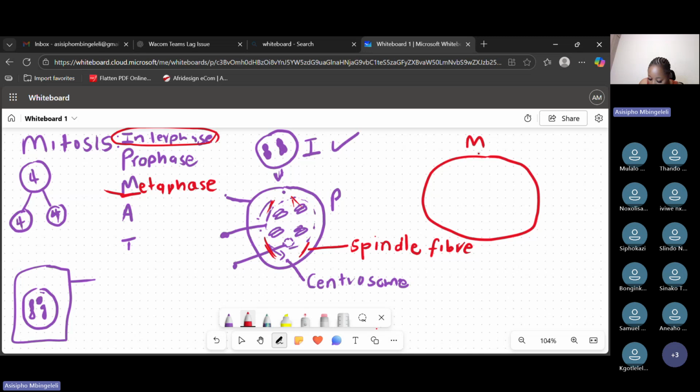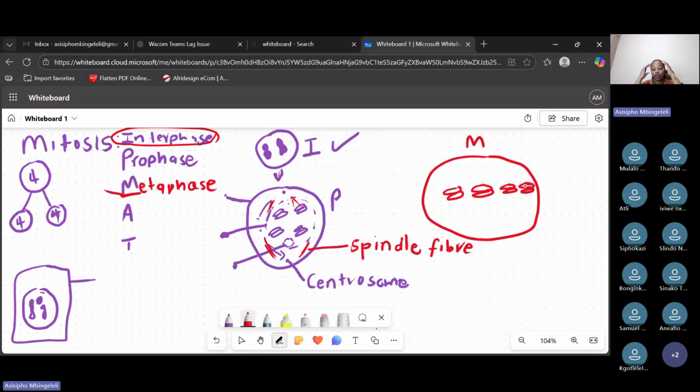Now, what we'll have here are these chromosomes, and we are going to be consistent with the number. We are having 4 chromosomes here. These 4 chromosomes are going to align themselves in the middle of the equator, so I'm having 3 and 4 in a single line.